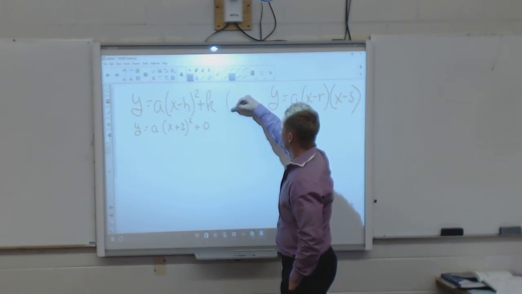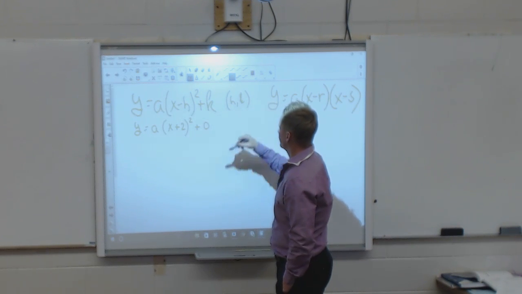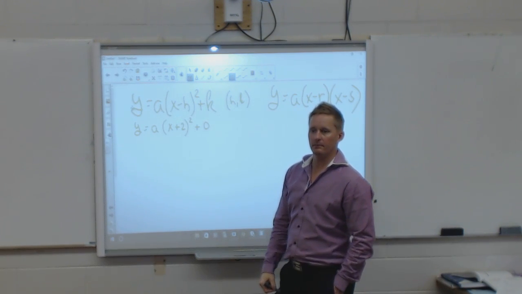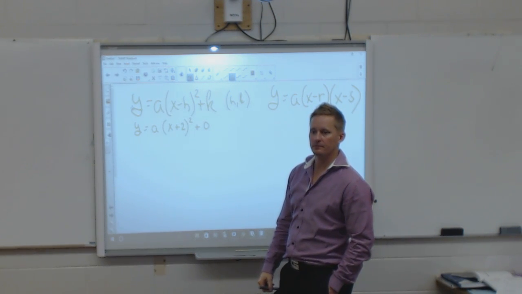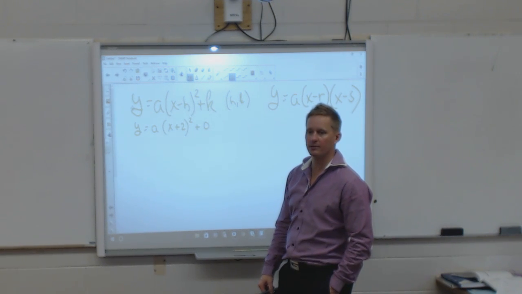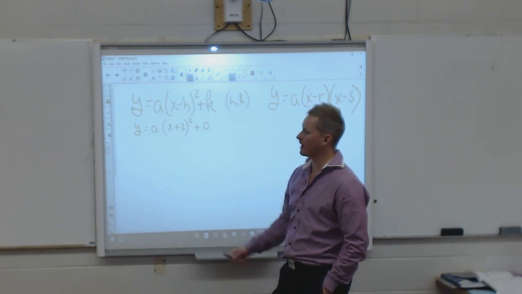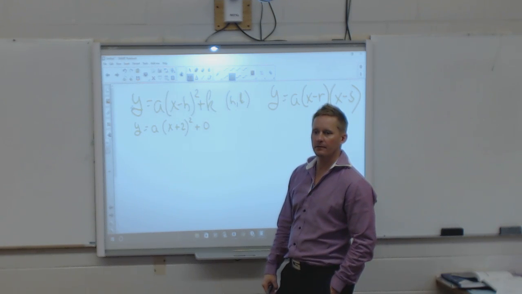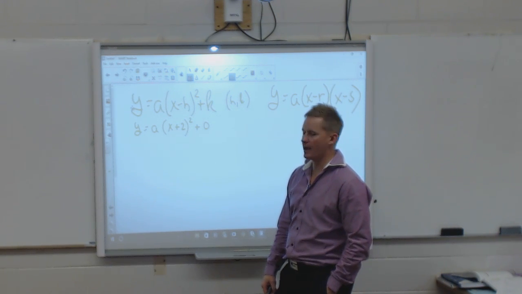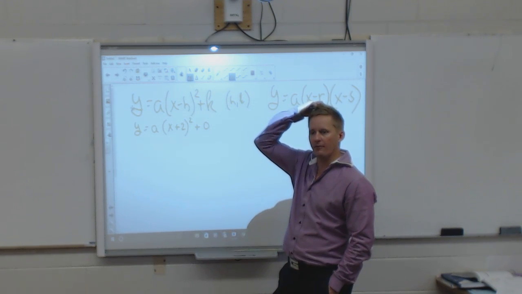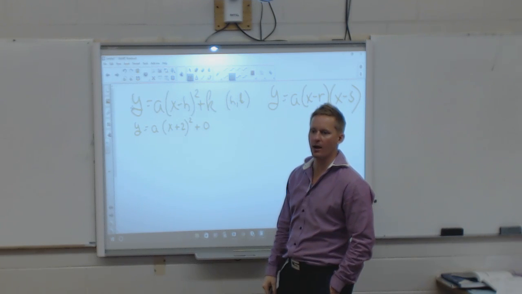Because isn't my vertex for this h and k? Yeah. So you're following me so far? Yeah. So what do I have to find then? No, a. I have to find a, right? So now how do I find a? What else do you know from the graph?